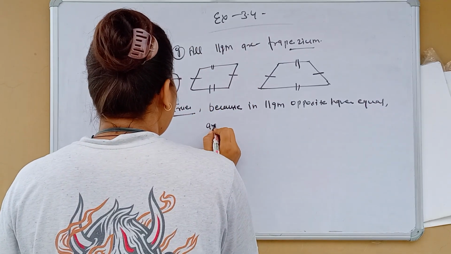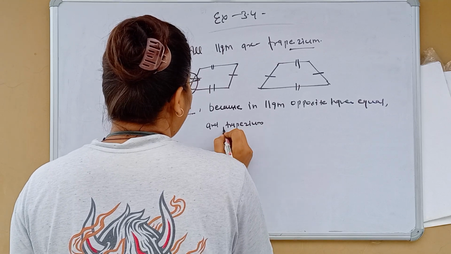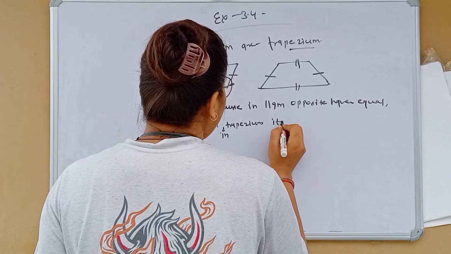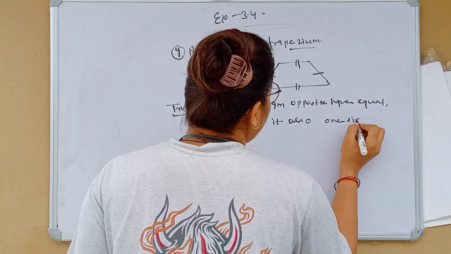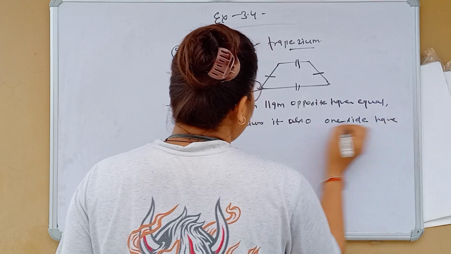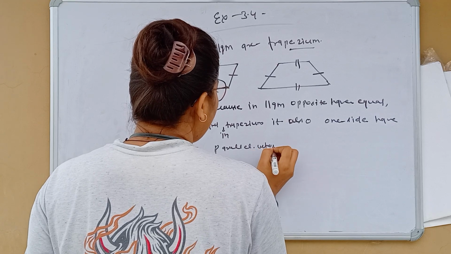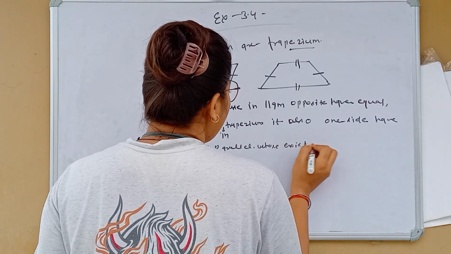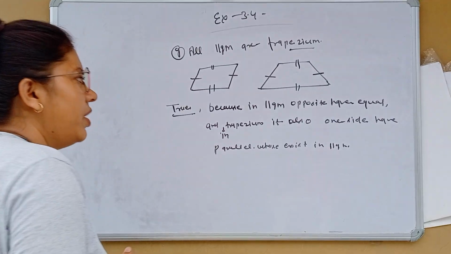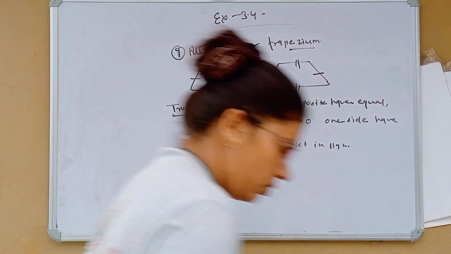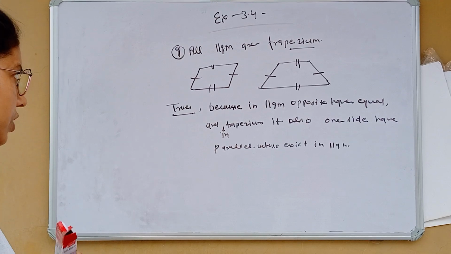And in a trapezium, one pair of sides is parallel, which exists in a parallelogram. So this statement is true. Now you understand everything one by one. First write, then understand the next question.